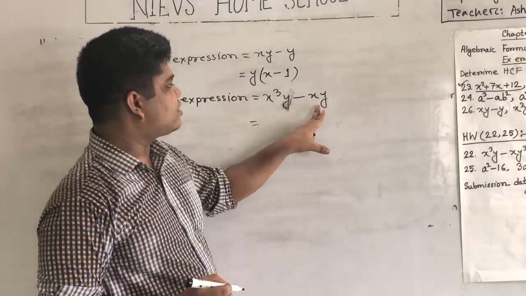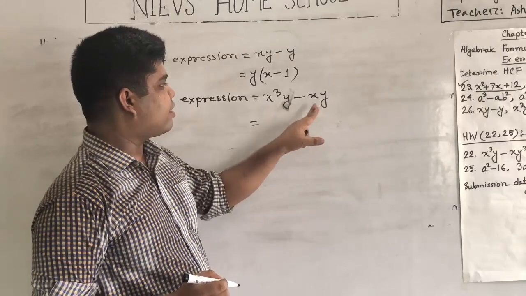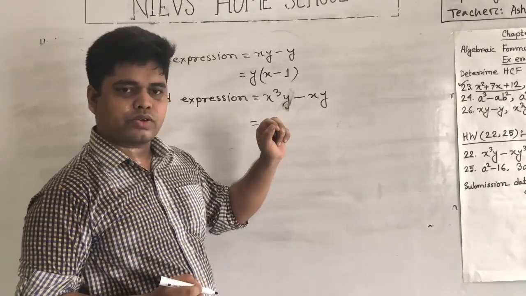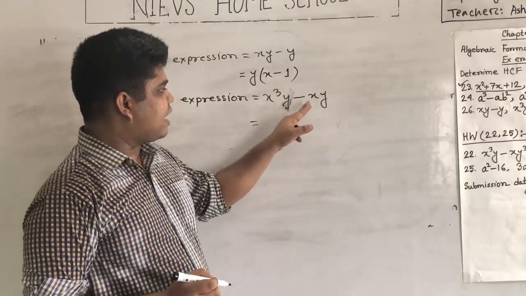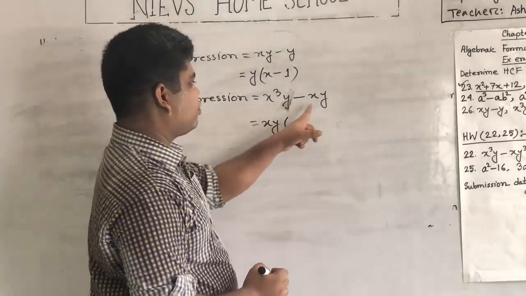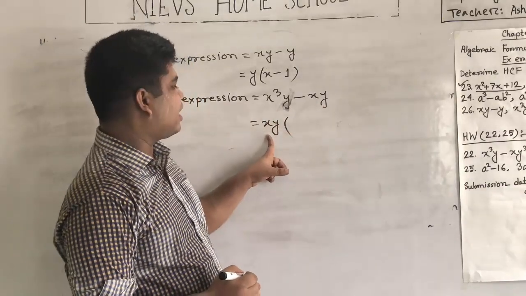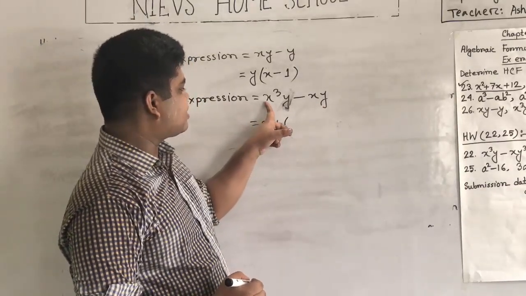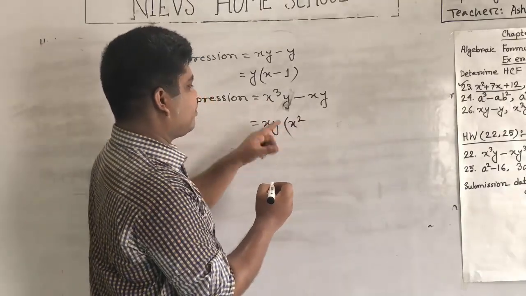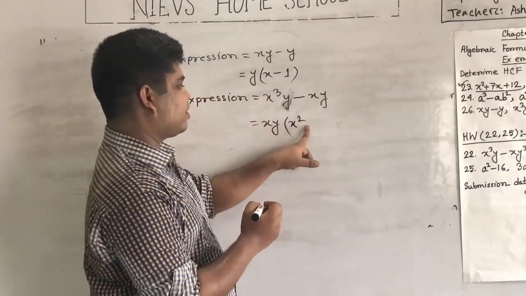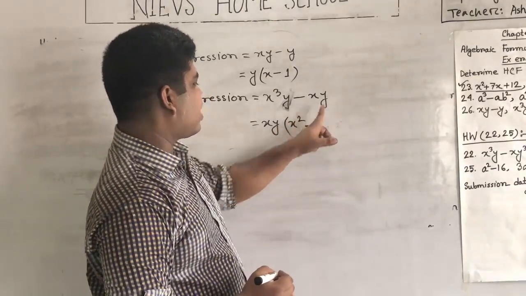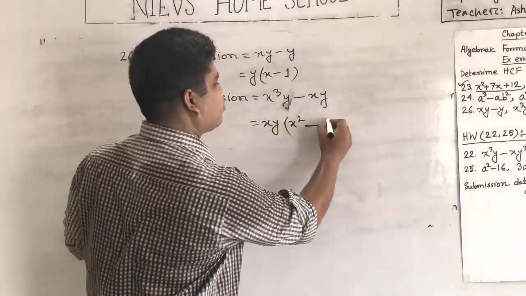From these two terms we see that x is common, y is also common. So we take xy as the common factor. We divide both terms by xy. If we divide x cube by x we get x square, and y by y we get 1. So x square, minus, if we divide xy by xy then we get 1.